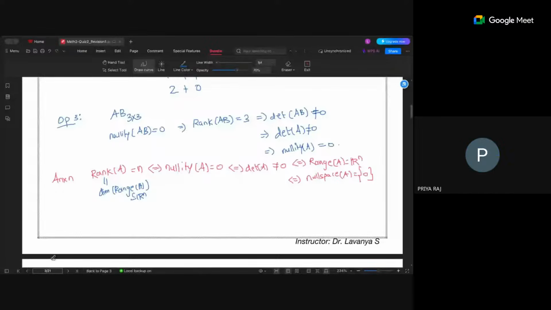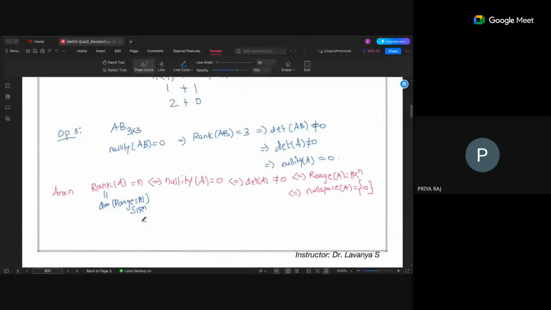If we were given that rank of A is something and rank of B is something, then is rank of AB the minimum of rank of A and rank of B? Is there any theorem regarding this? Yeah, so you have rank of AB less than or equal to minimum of rank of A, rank of B. Can you explain this part?